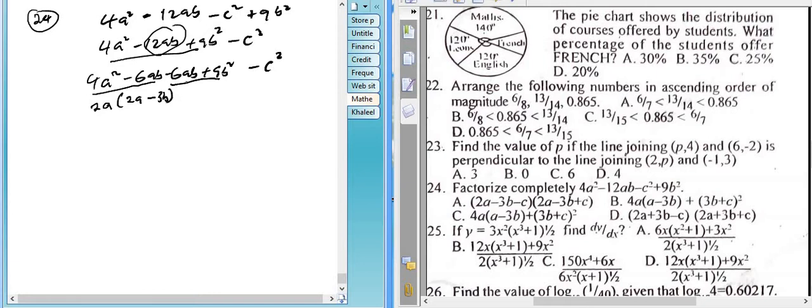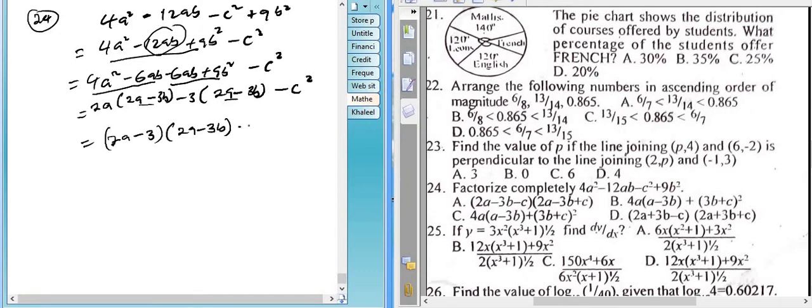For the second pair we factor out the HCF, which is −3b, giving −3b(2a − 3b), then − c². Since both brackets are the same, we can take one: (2a − 3b)(2a − 3b), then − c².